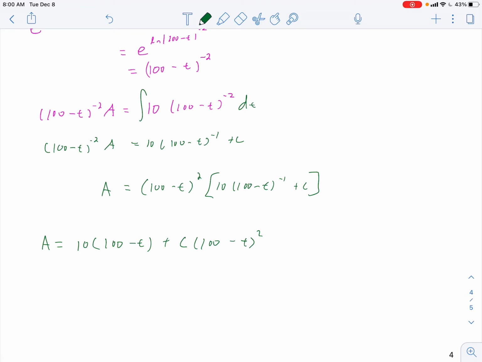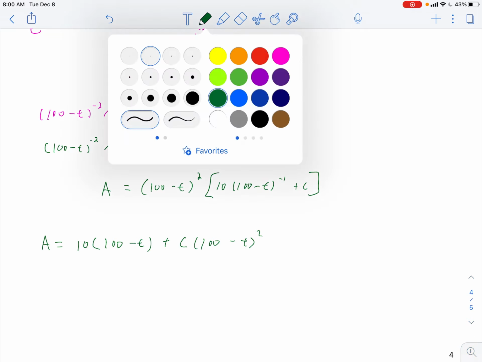Well, we know one thing, that there's 500 at a sub 0. There are 500 gallons in the tank, all right? So we're going to go ahead and set that equal to our equation.